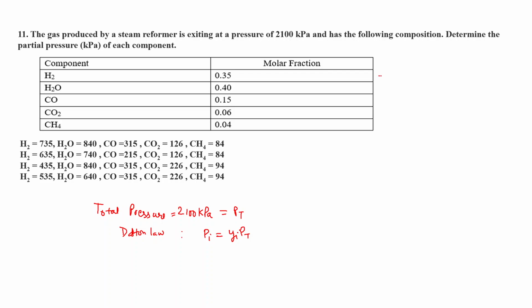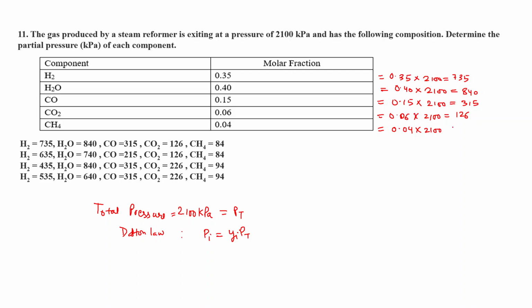We will be calculating it like this: 0.35 into 2100 is 735. 0.40 into 2100, which is 840 kilopascal. 0.15 into 2100 is 315 kilopascal. 0.06 into 2100 is 126. 0.04 into 2100, it is 84 kilopascal.